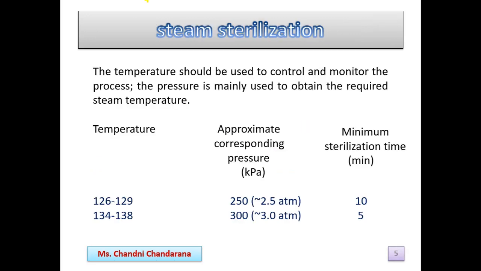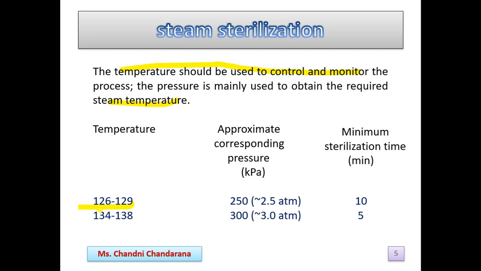Now steam sterilization, as the name suggests, requires temperature and pressure. The temperature is used to control and monitor the process, and pressure is used to obtain the required steam temperature. This is the temperature, pressure and minimum sterilization time required to sterilize a solution. Here the temperature is given in degrees Celsius.